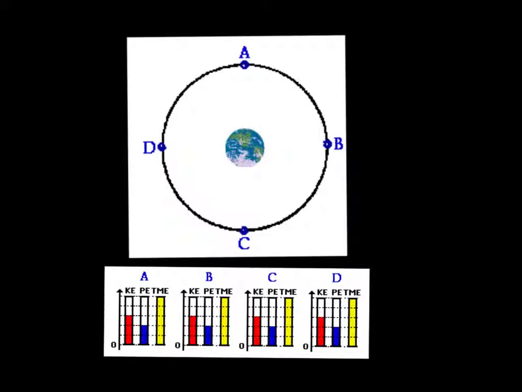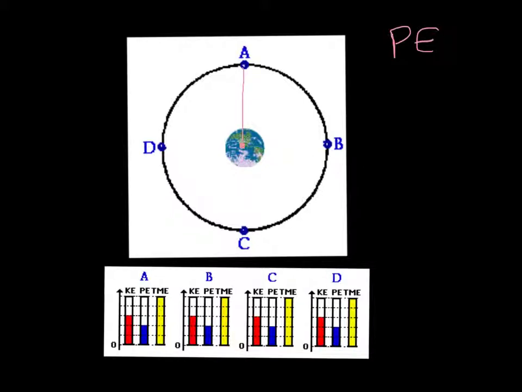Well, let's take a look again at our definitions and see if we can figure that out. Does our object have a distance between itself and the center of mass of another object? Well, clearly it does. So, at position A, our satellite has potential energy.